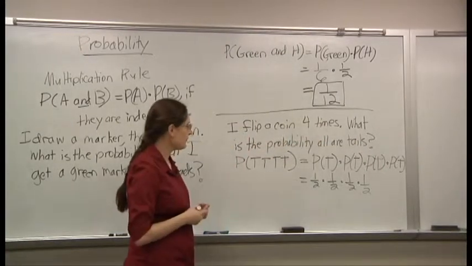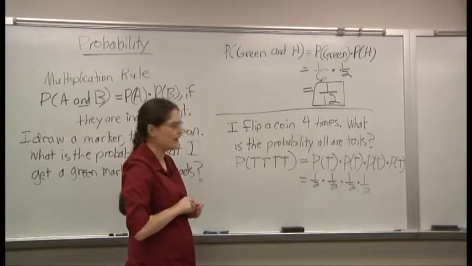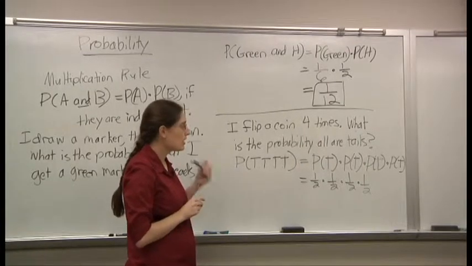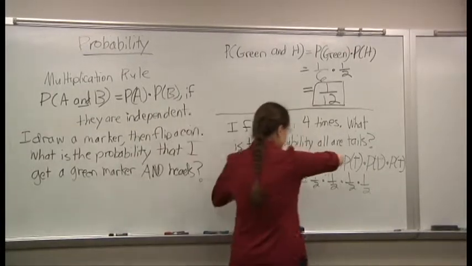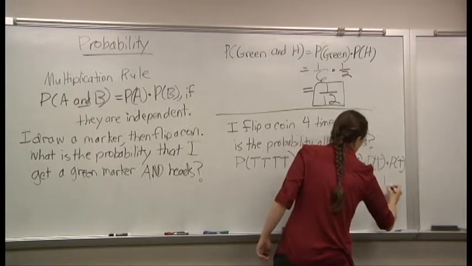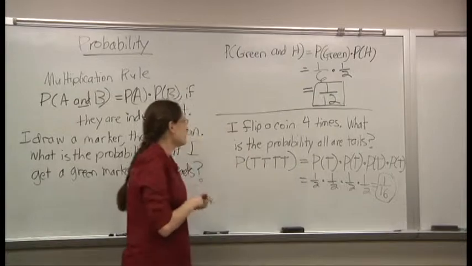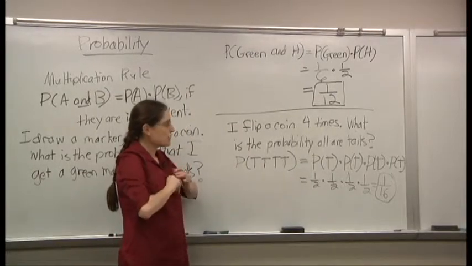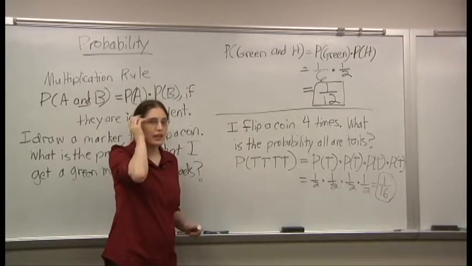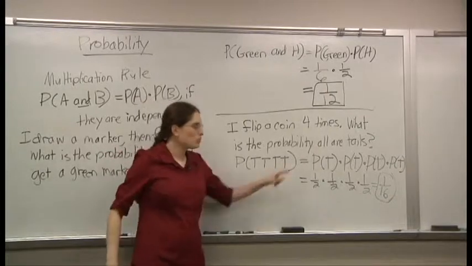So 1/2 multiplied 4 times. What does that give you? 1 out of 16. If I flip a coin 4 times, the probability that I'll get 4 tails is 1/16.